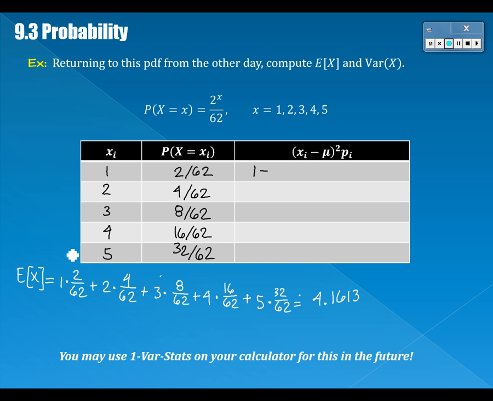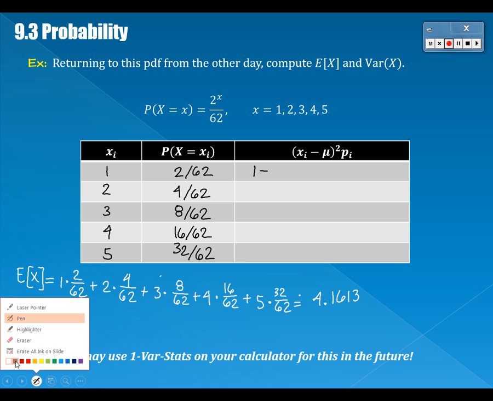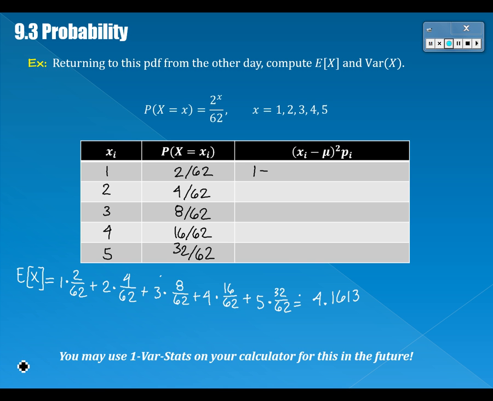Now we're ready. Can we call this mu, just temporarily? Okay, everyone's okay with that. So this is 1 minus mu squared times 2 out of 62, 2 minus mu squared times 4 out of 62, and we can compute what each of these is. 3 minus mu squared times 8 out of 62.